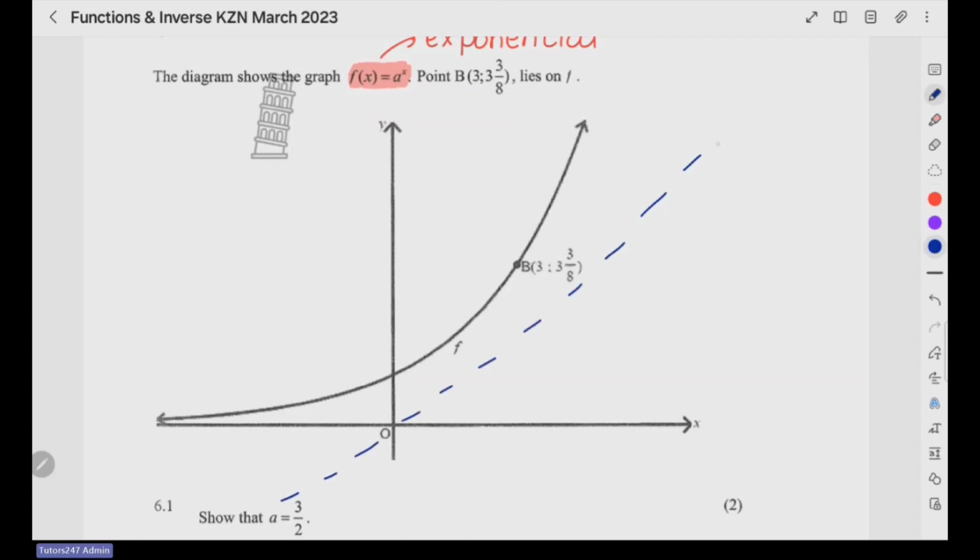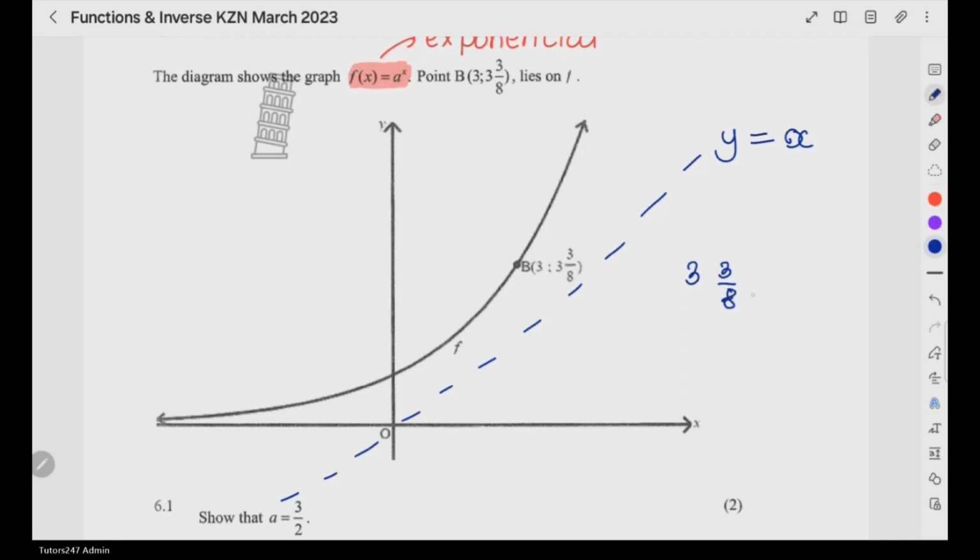So this is the line y equals x. If we want to sketch the inverse, all we're going to do is interchange the coordinates. So we have this coordinate of 3 as the x value and 3 3/8 as the y value. So all we're going to do is interchange that, or you could say swap the x and y, and that will be the coordinate on the function g.